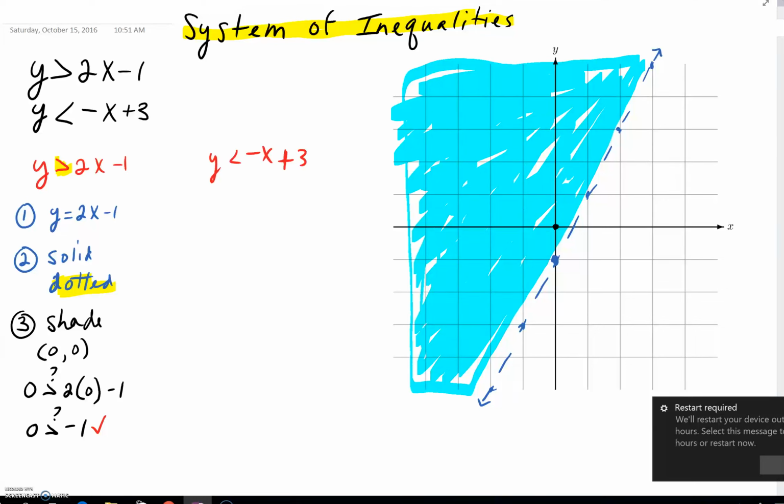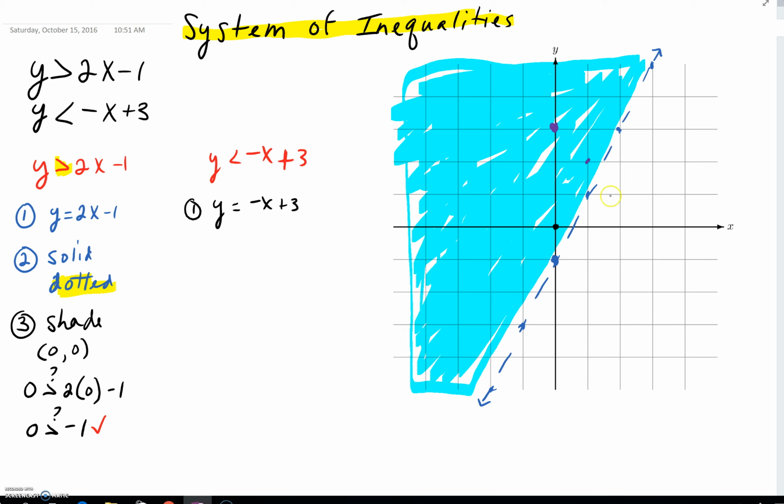So then the second inequality we have, same thing, we need to graph our boundary line where y is equal to negative x plus 3. So we go up 3, so 1, 2, 3. And then our slope is negative 1, so we go down 1 over 1, down 1 over 1, down 1 over 1. And we can go in the other direction as well to finish this out.